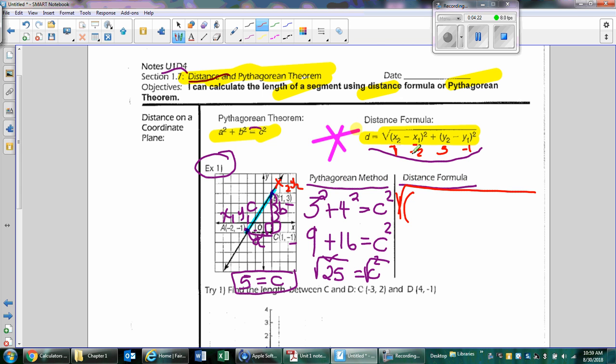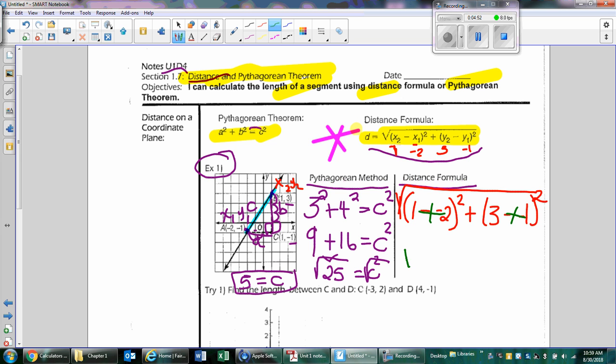And in parentheses is x2, which is 1, minus -2, squared, plus 3 minus -1, squared. It is important you write it out. And then you say, oh, I have 2 negatives side by side, so that always changes into a positive, that changes into a positive.